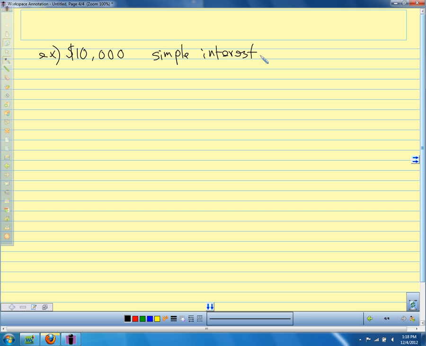We're not dealing with any kind of special compounding or anything. We're going to invest in two accounts. One pays 8%, and the other pays 6%.